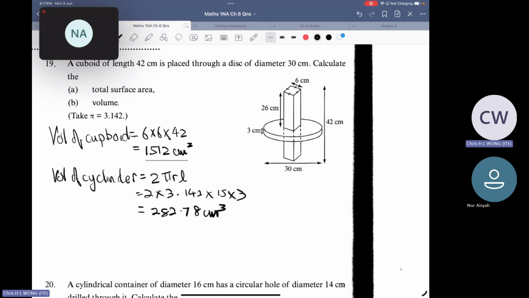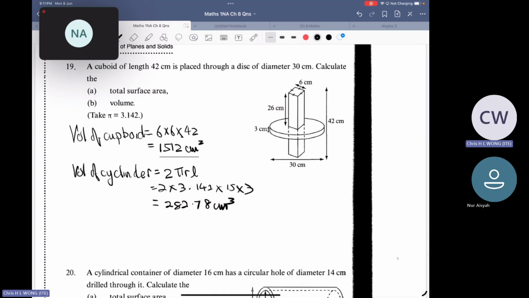Now the last part, you have to calculate the volume of the square hidden inside, which is quite easy, right? How do you calculate the volume of the hidden area? 6 times 6 times 3. Where do you get 6 times 6 times 3?